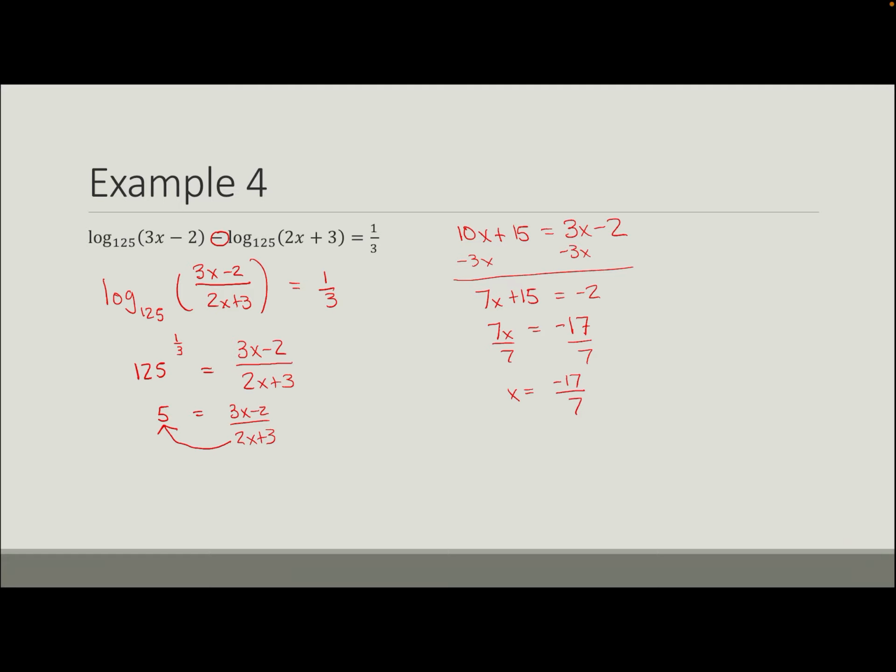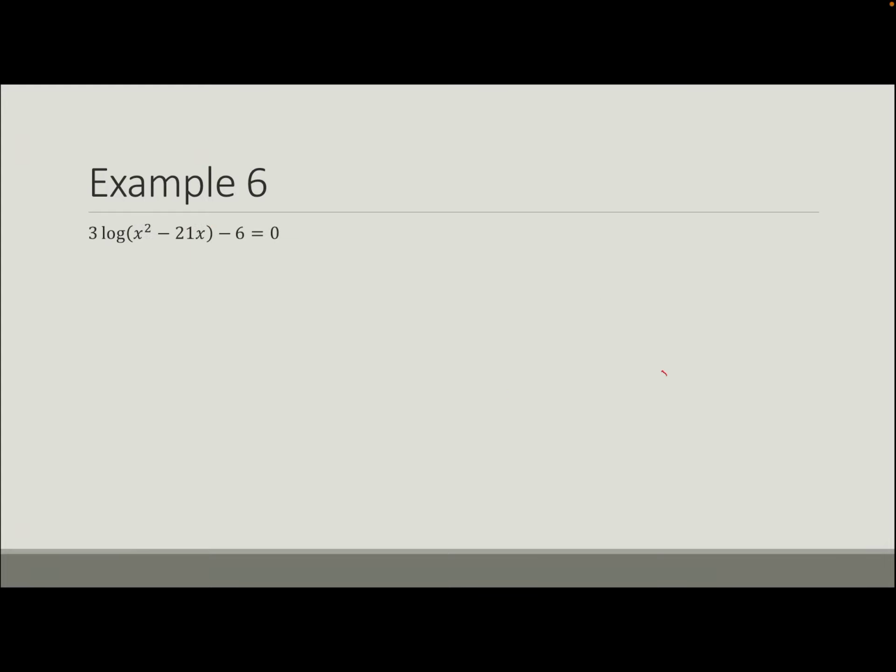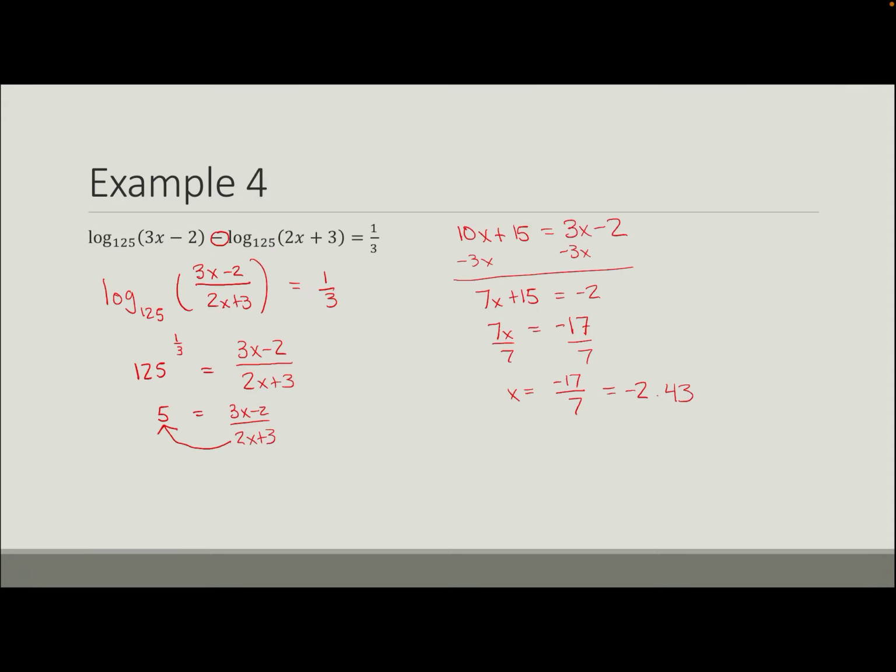And again, that value is like negative 2.43 or something. So when we take the negative 2.43 and substitute it in over here, you're going to have 3 times a negative 2 something. And then when you subtract 2, that's going to be negative.